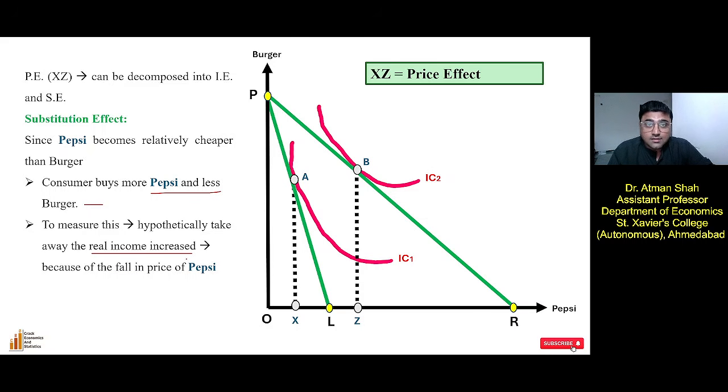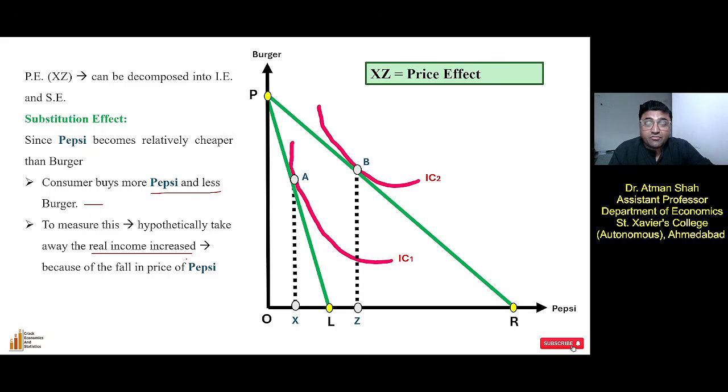How do we measure it? We take away the real income increase because of the reduction in price of Pepsi from the consumer hypothetically, because we do not want to measure the increase in consumption of Pepsi due to that rise in real income. We want to see the substitution effect, that is, how the consumer behaves if Pepsi becomes relatively cheaper than burger.